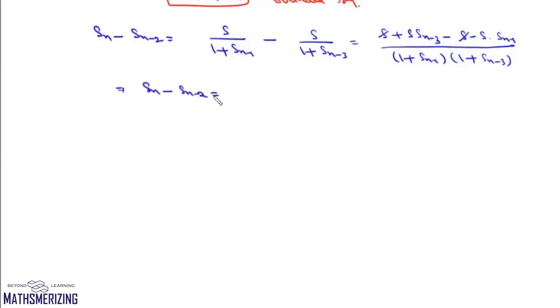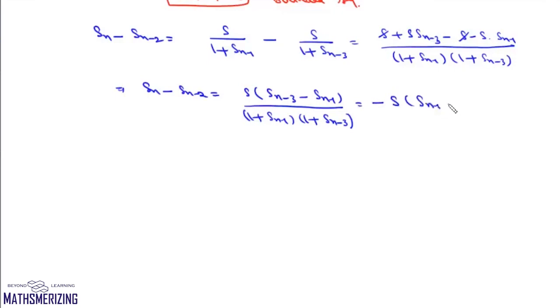So we can write S_n minus S_{n-2} will be equal to s into S_{n-3} minus S_{n-1} upon 1 plus S_{n-1} into 1 plus S_{n-3}. Now we can write this as minus s into S_{n-1} minus S_{n-3} upon 1 plus S_{n-1}, 1 plus S_{n-3}.